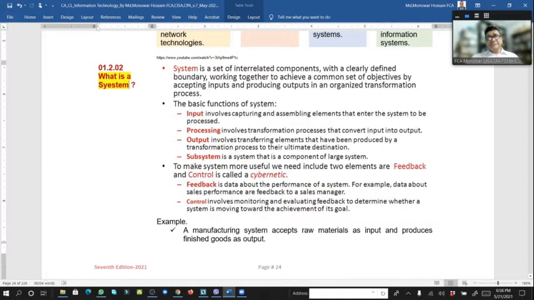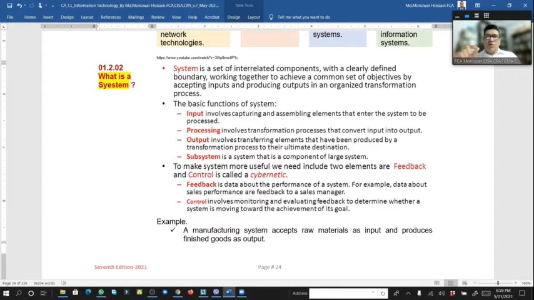What is a system? Look here, a system is a set of interrelated components with a clearly defined boundary working together to achieve a common set of objectives by accepting inputs and producing outputs in an organized transformation process.